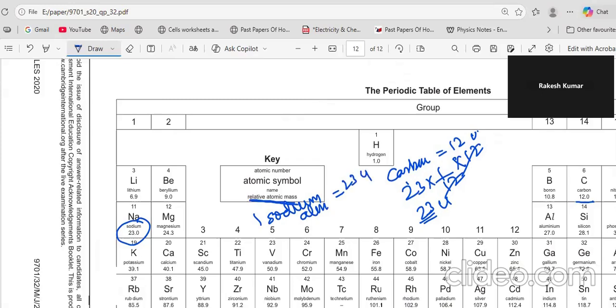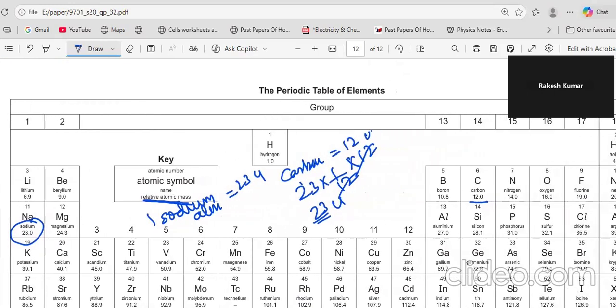Now, Cl is 35.5. So 23 will always react with 35.5. Why? Because Na has atomic number 11, electronic configuration 2, 8, 1, one electron in the outer shell.